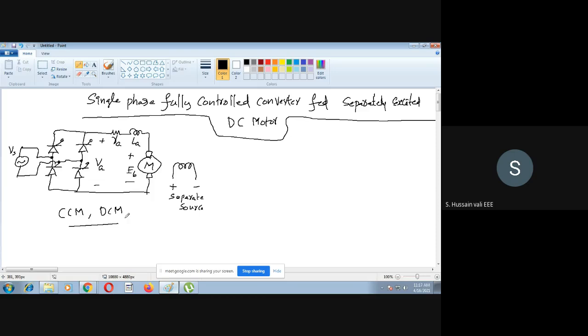First we will discuss the continuous conduction mode here. We need to draw the waveforms.